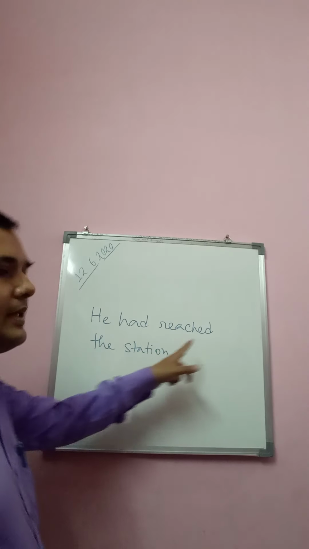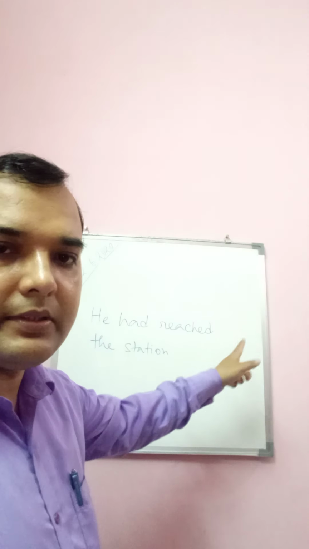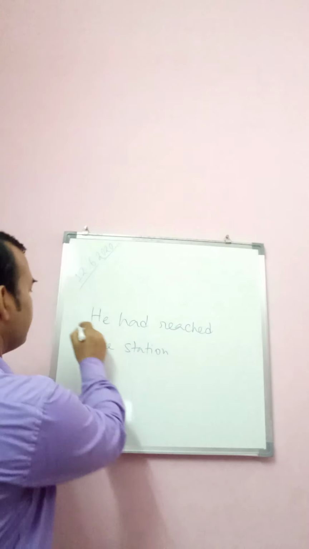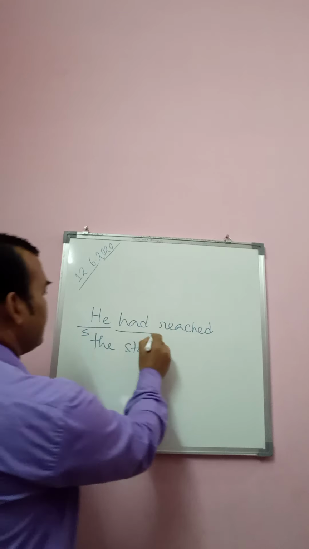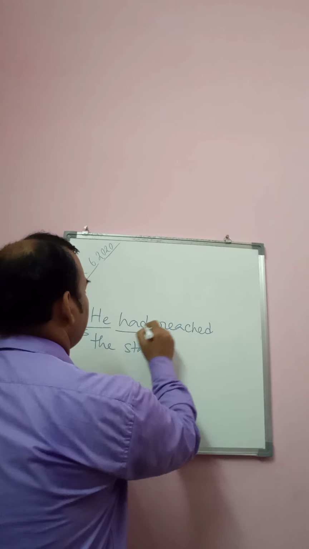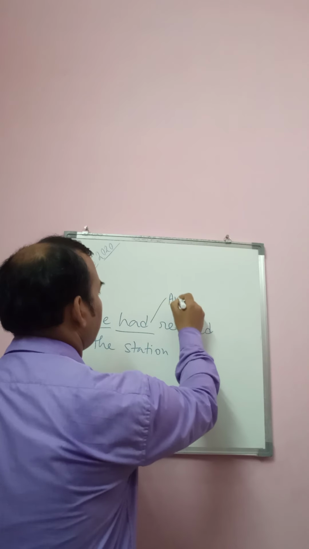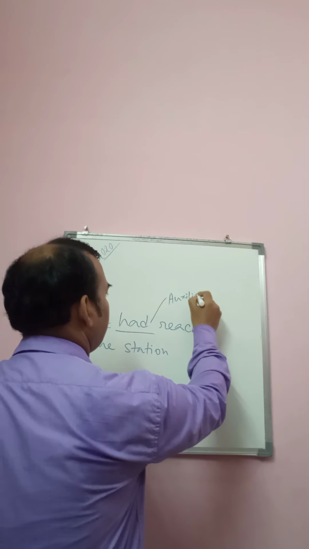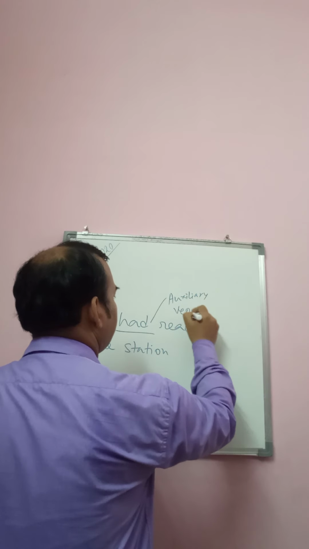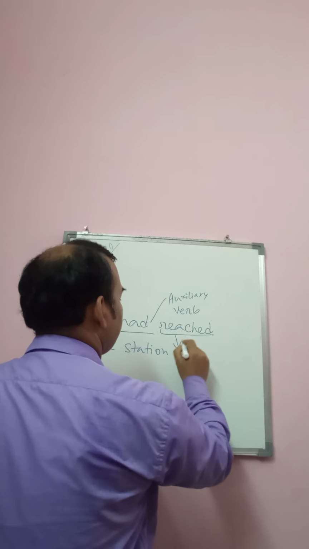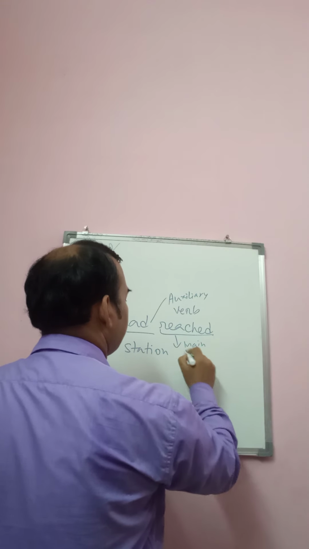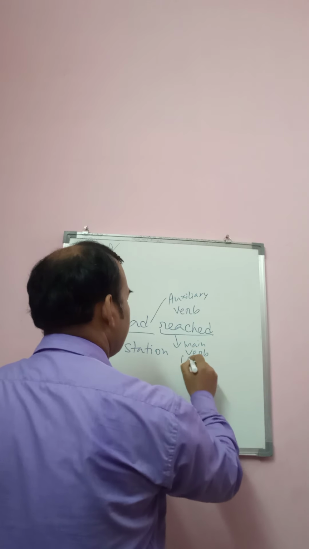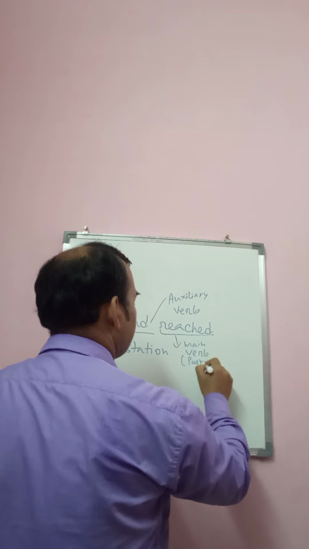He had reached the station. He is the subject here. This had is the auxiliary verb, and this is the main verb, in past participle form.